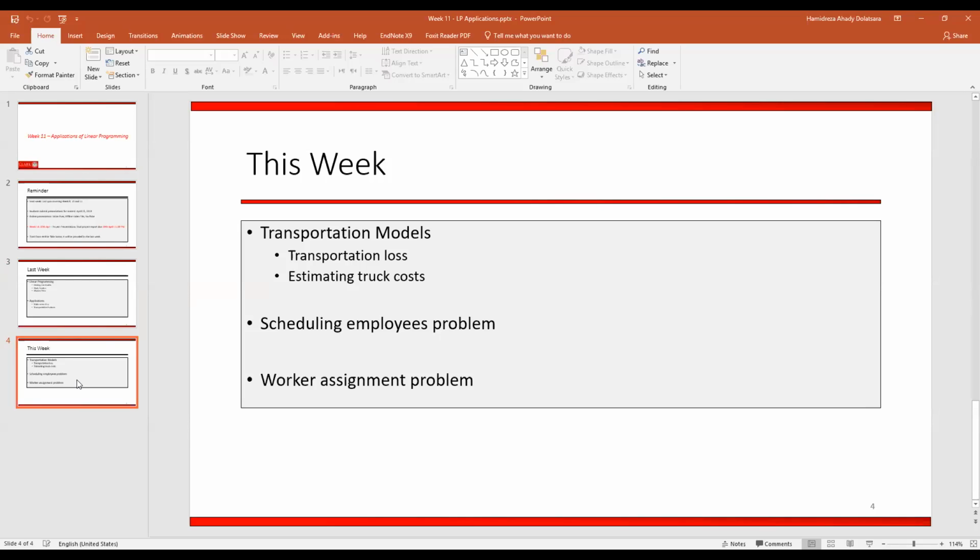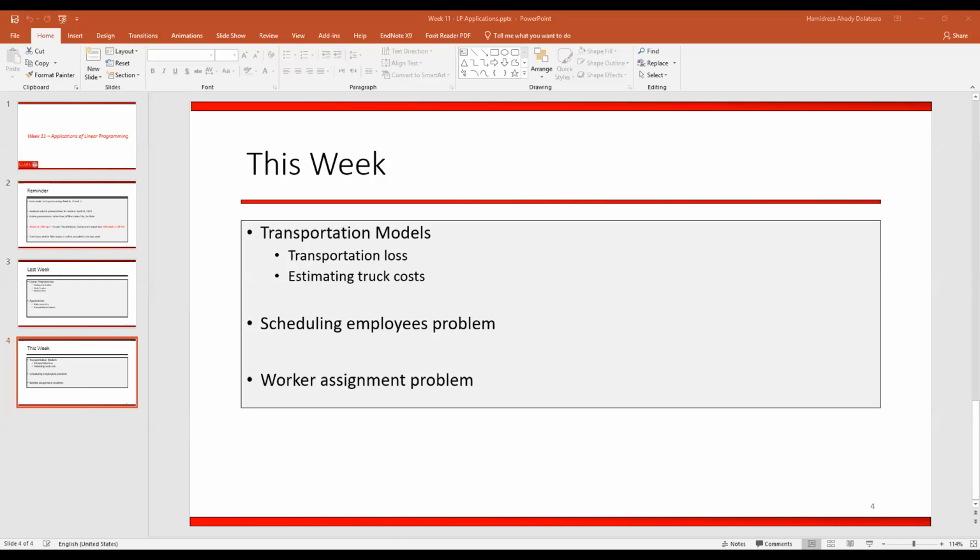I also put the solutions on Moodle, so you don't need to take notes because everything is provided.